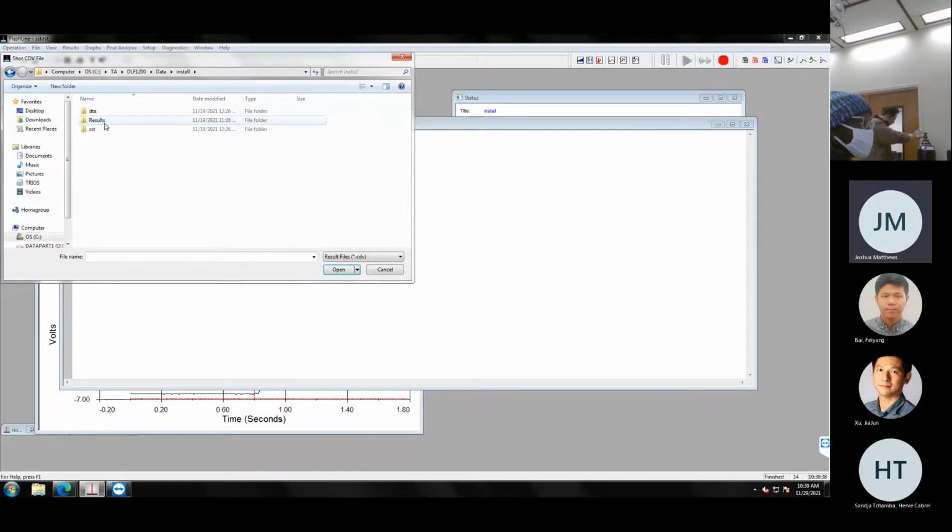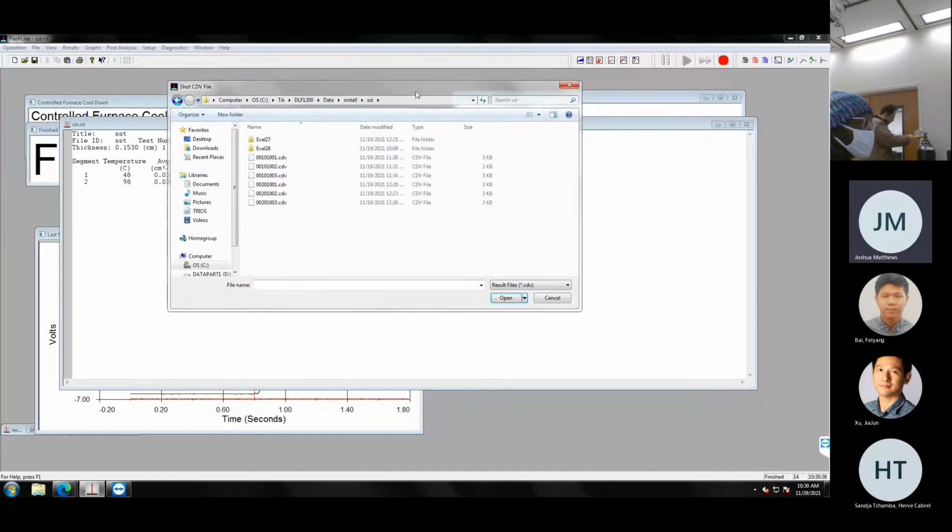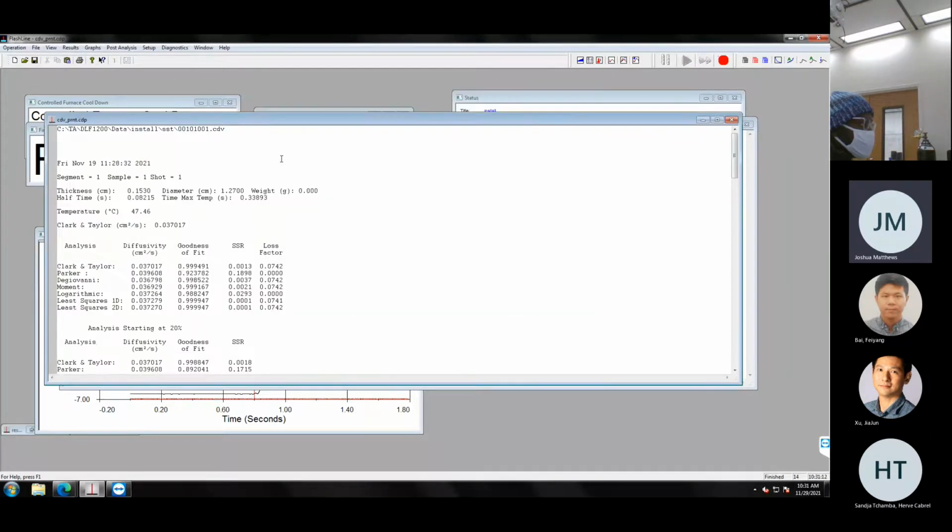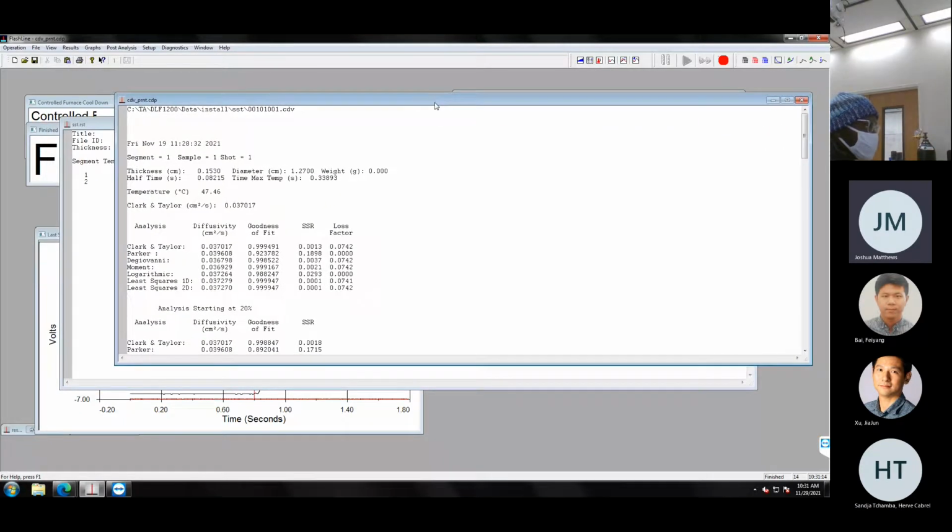Again, we can select our folder, and now instead of the results section, we can go to SST. This shows us our individual shots. You can see this would be the first temperature segment at 50 degrees, first, second, and third shot, and then our second temperature segment, first, second, and third shot. We can open up and look at the numbers individually for each shot if you wanted to go that way.